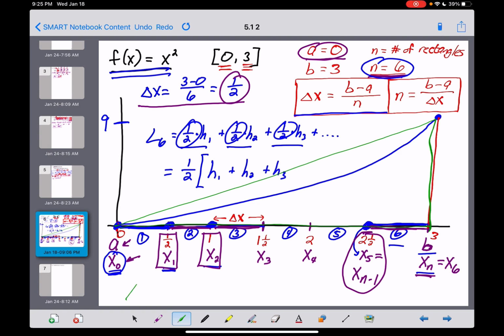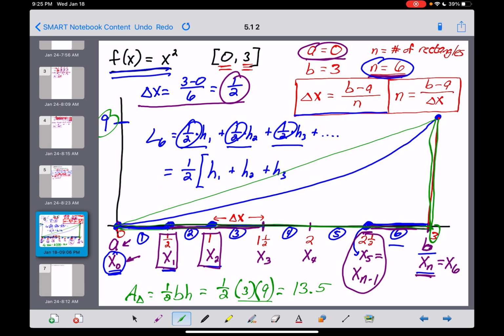The area of that triangle is going to be 1/2 times its base times its height, which is 1/2 times a base from 0 to 3 of 3, and the height here, remember that f of 3 was equal to 9. 3 times 9 is 27. Half of 27 is 13.5. So that's the area of the green triangle that I've drawn.